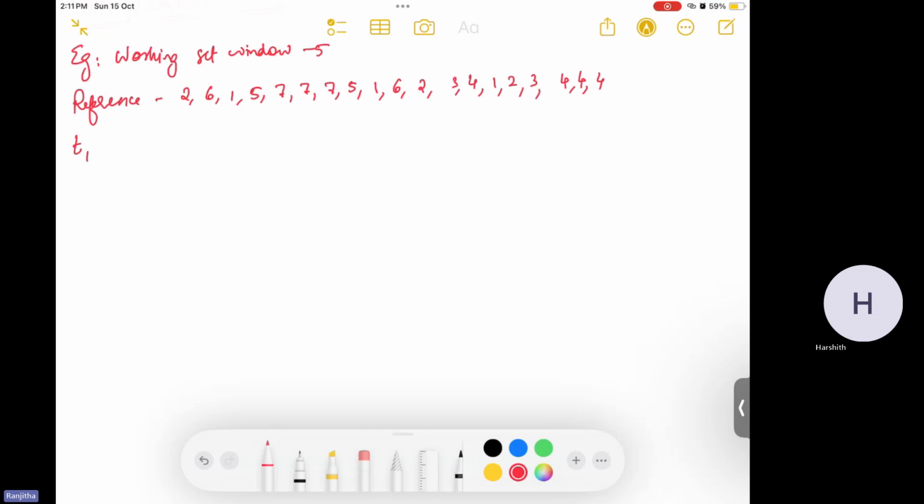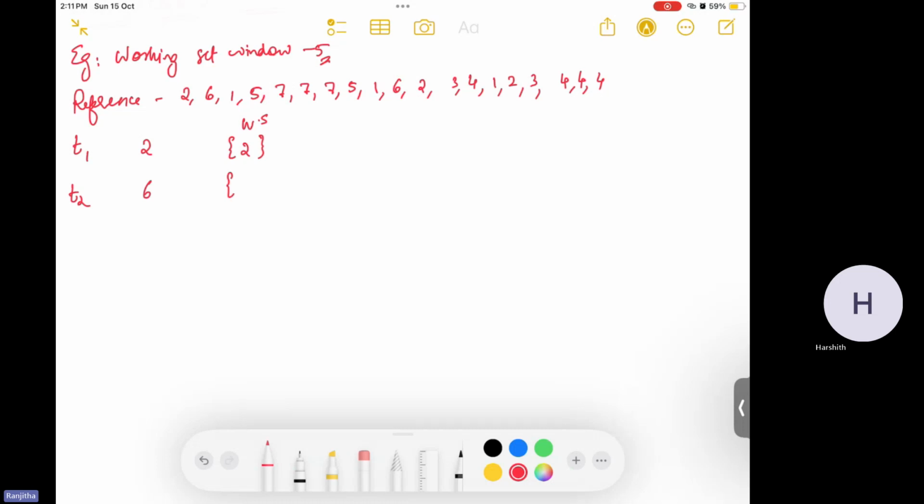Yeah. So at T1, this is the first reference, okay? And this is the working set that we will be having. So when page 2 is referred the first time, the working set will comprise this particular page. We are seeing the last 5 references as the working set window. So at T2, page number 6 is referenced.